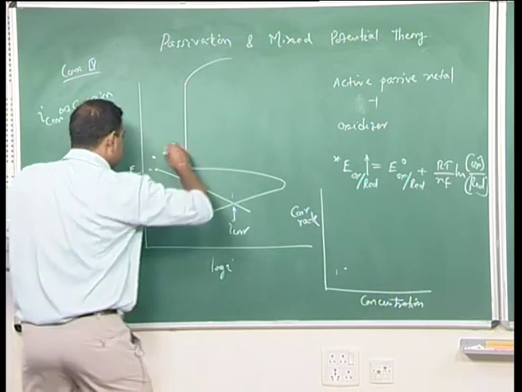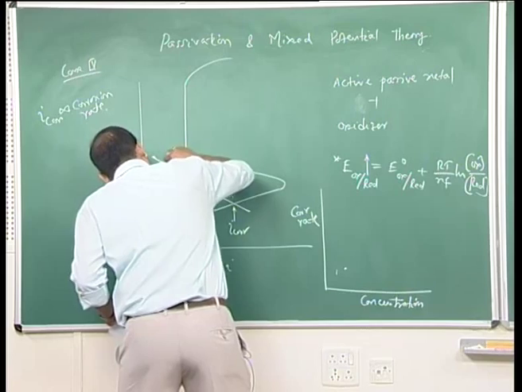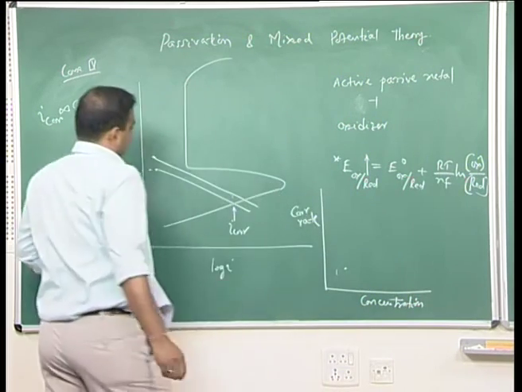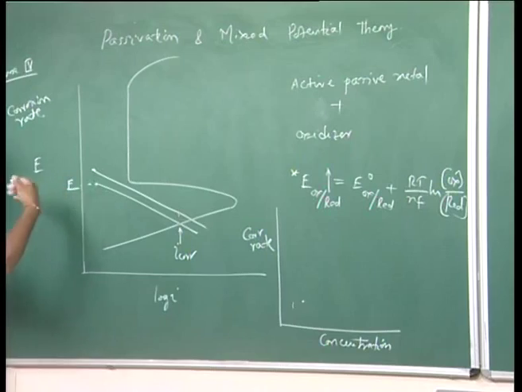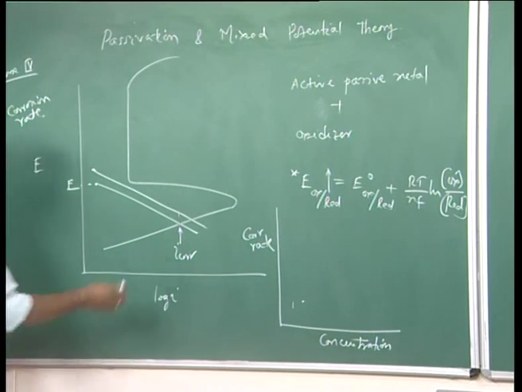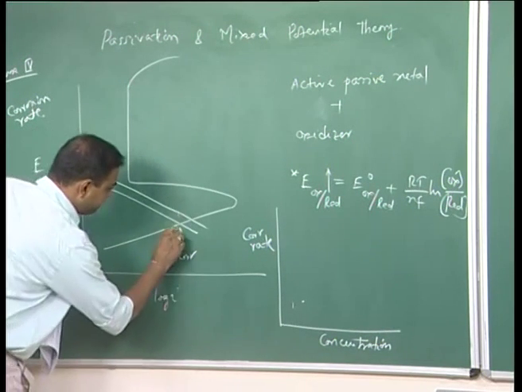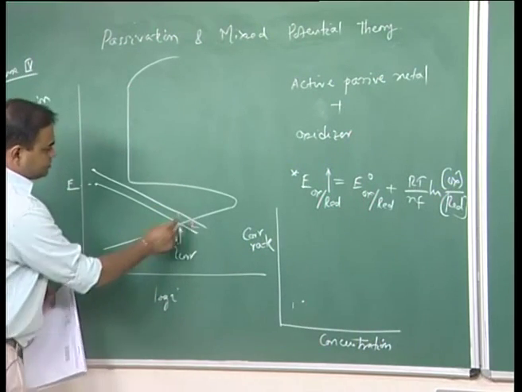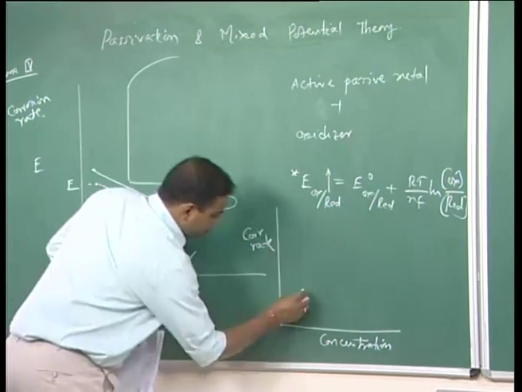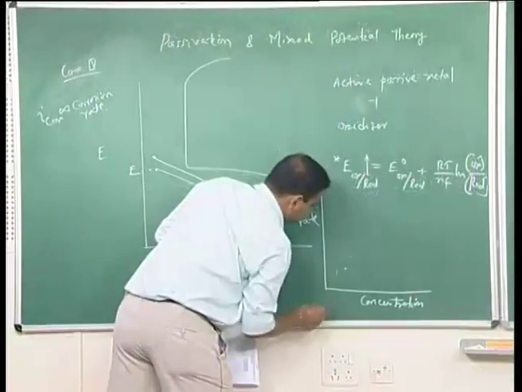Now it will also have its activation polarization and concentration polarization for the cathodic reaction. So, this is point number 1, this is point number 2. I see that the corrosion rate is increasing. So, this would be my point number 2.